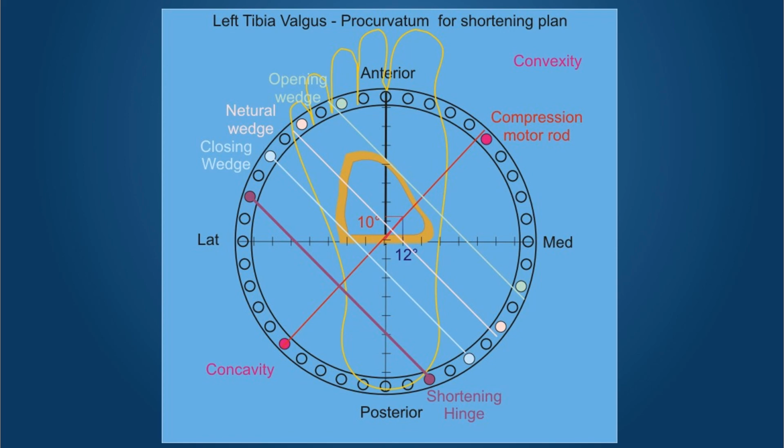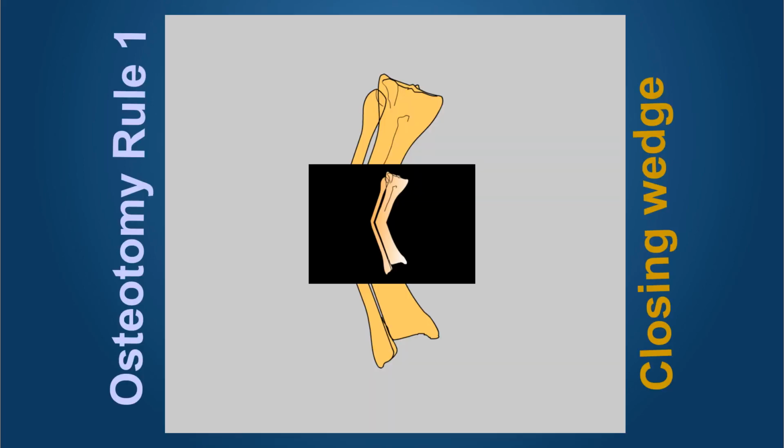But since we also want to perform shortening, we want to create a wedge, which is the dark purple colored line which shows the placement of the hinges. This will not only help us to achieve the deformity correction, but also help us to achieve lower limb shortening. This is rule 1.